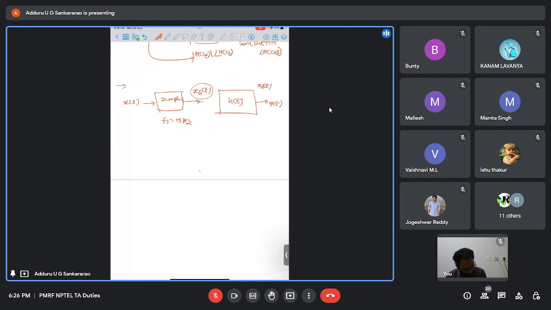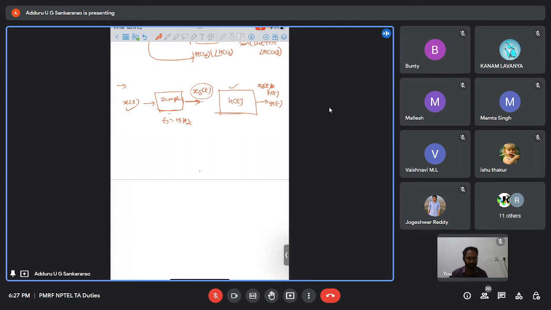Y of t is x delta of t convolved with h of t. First x of t passes through a sampler with sampling frequency 15 Hz, and we get x delta of t, the sampled version of the signal. Then it is passed through the filter h of t. The output of the filter is the input x delta of t convolved with h of t.